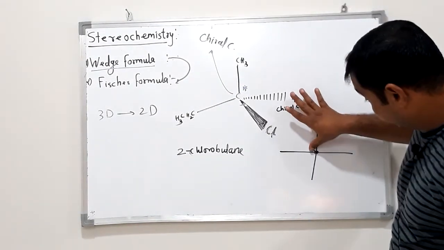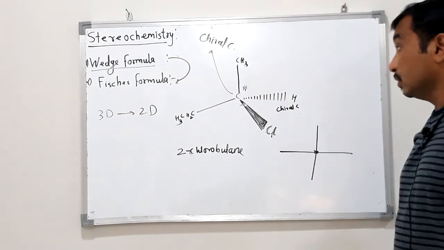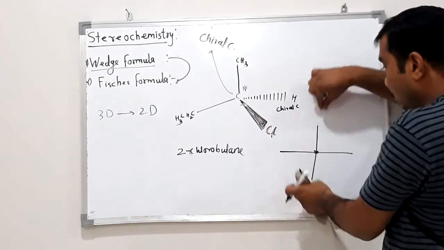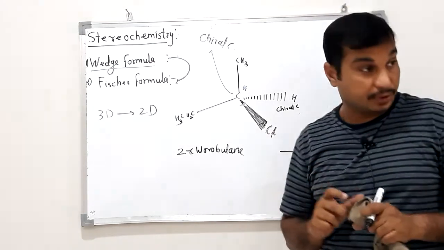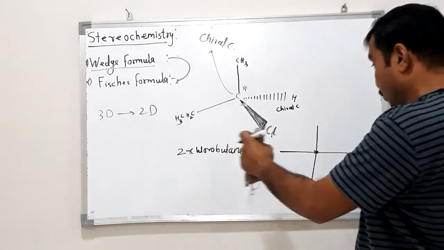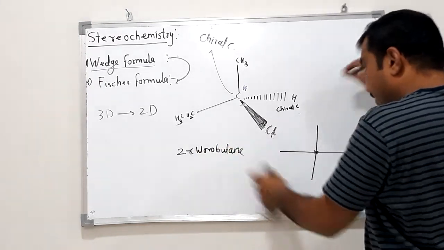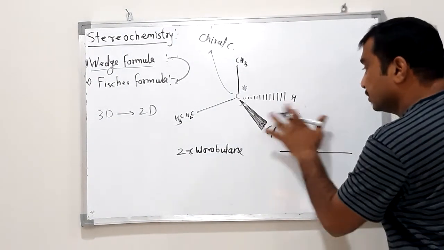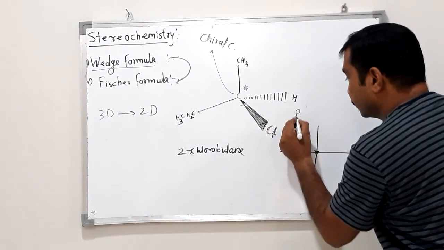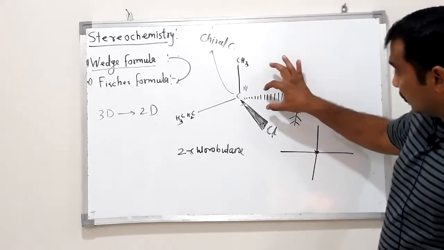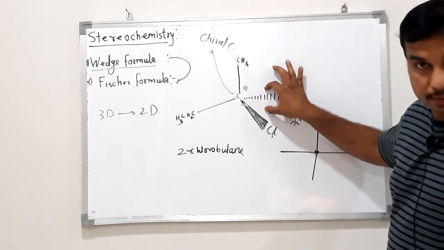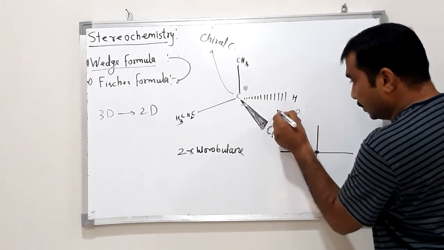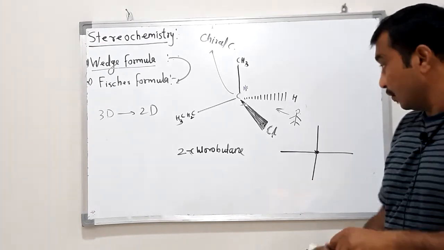Now out of these 4 we have to attach 2 on the horizontal line and 2 on the vertical side. But which substituents do we put on the horizontal side and which on the vertical side? See what we have to do. Just stand in between the dark bond, the wedge bond, and the dash bond, and observe this molecule from this side.